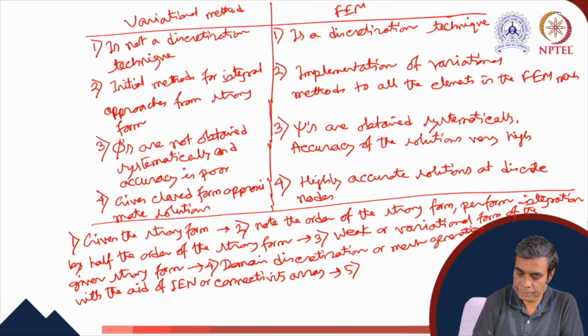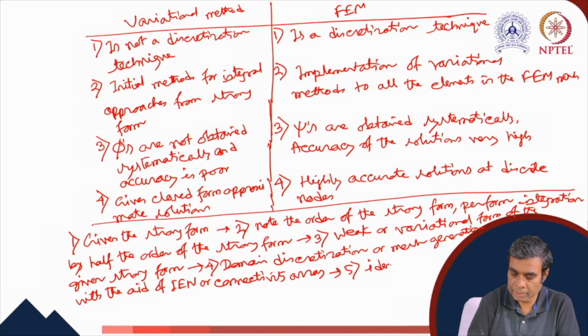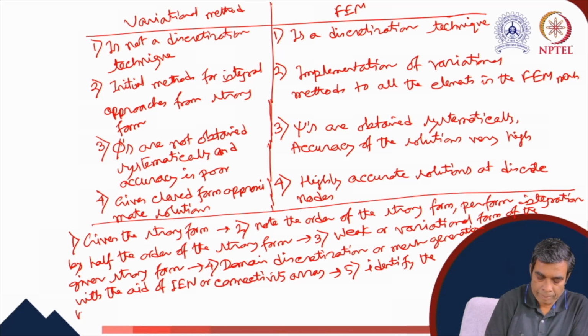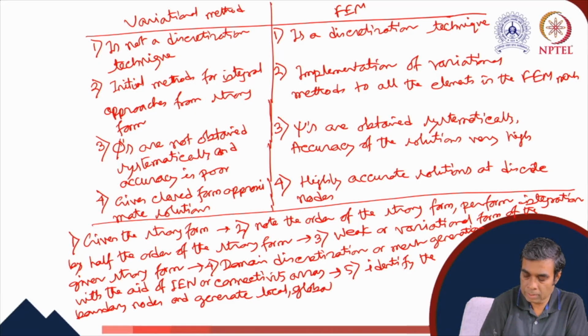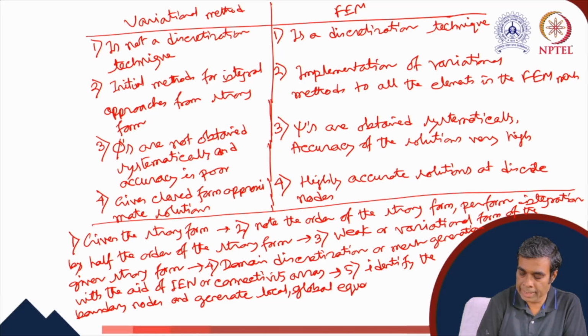The next step is to identify the boundary nodes and generate local and global equation number arrays.